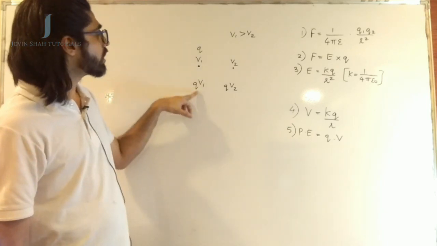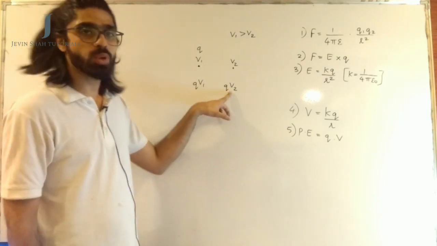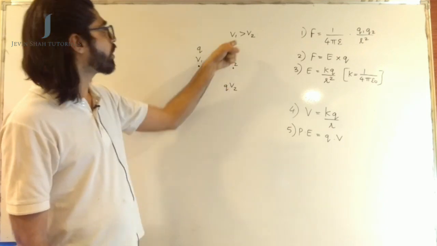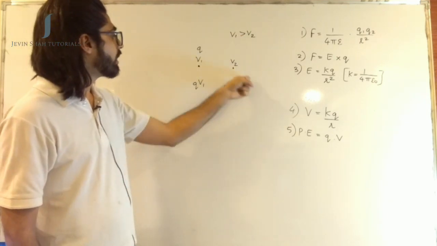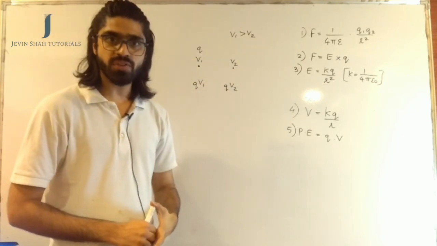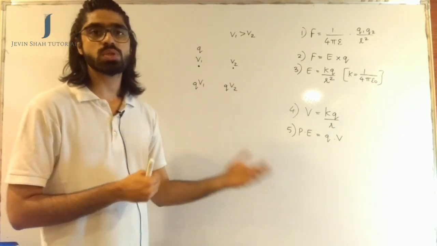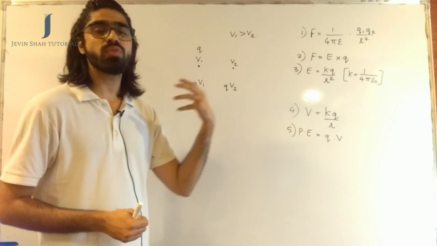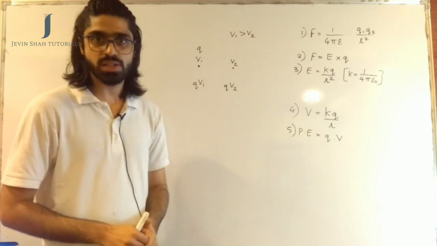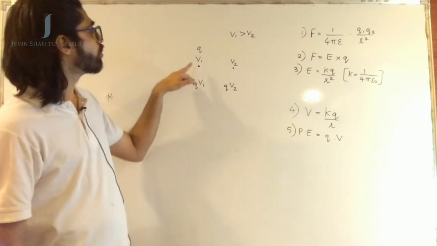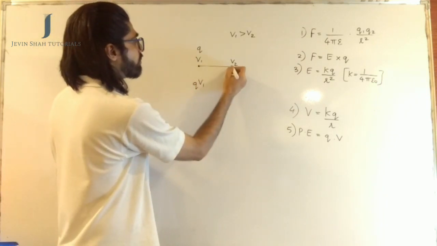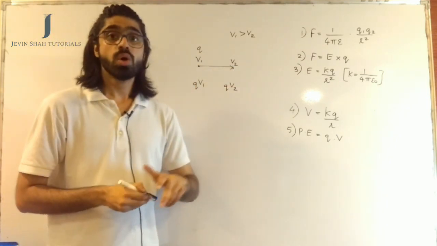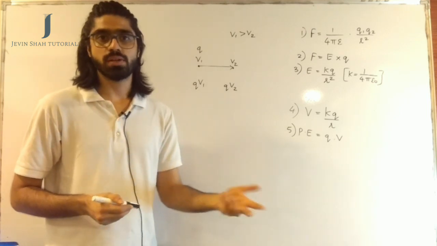At V1, the potential energy is QV1, and at V2, the potential energy is QV2. Because V1 is greater than V2, we say that potential energy at V1 is greater than the potential energy at V2. And because the charge Q wants to stabilize itself, it will try to move to a position where its potential energy is lesser. That means it will try to move from V1 to V2. In the process, when it moves from V1 to V2, what will be the change in its energy?